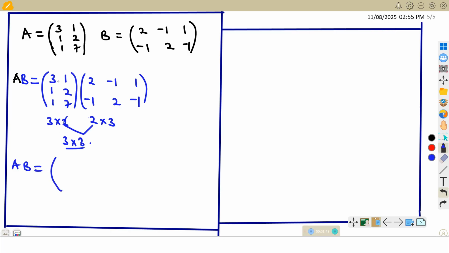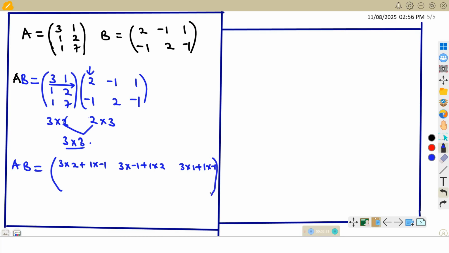So let us get AB by multiplying. We multiply row by column. So we shall have 3 times 2 plus 1 times negative 1. 3 multiplied with this, 1 with this. 3 multiplied with the next column, that is 3 times negative 1 plus 1 times 2. And the next we shall have 3 times 1 plus 1 times negative 1.